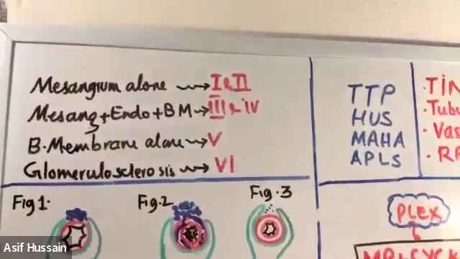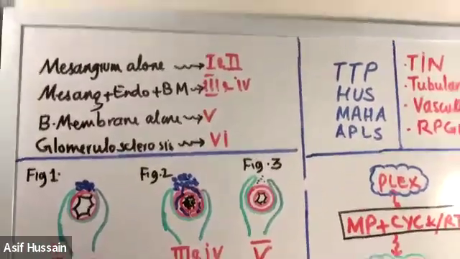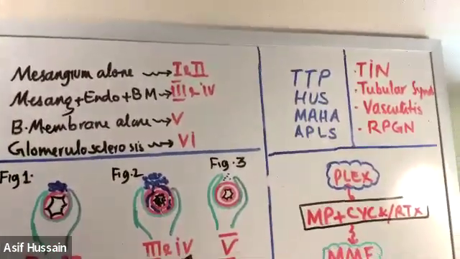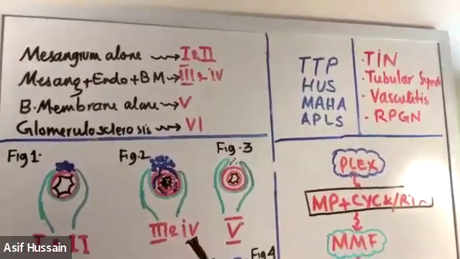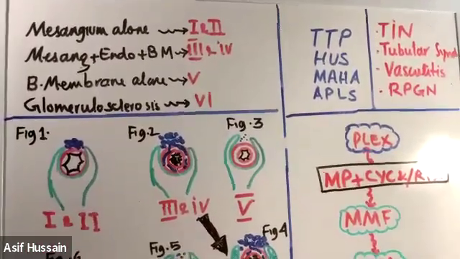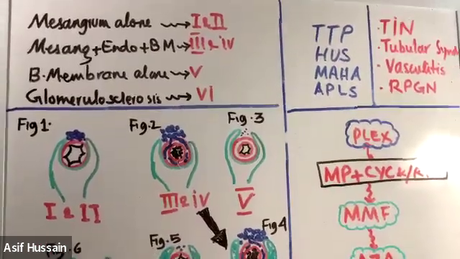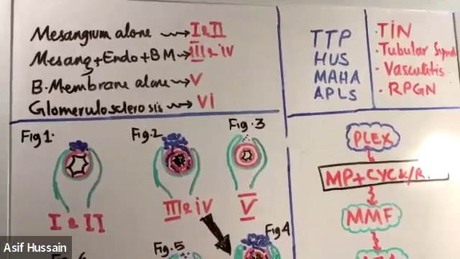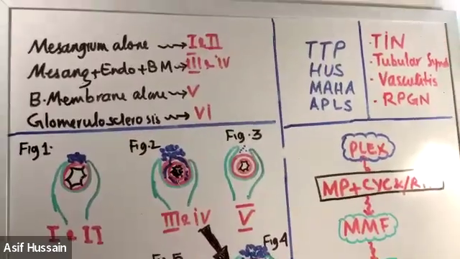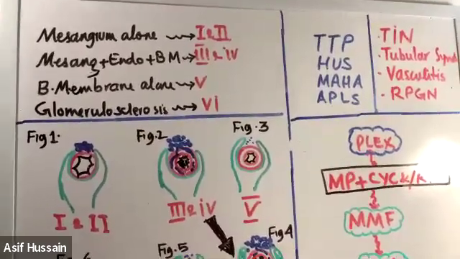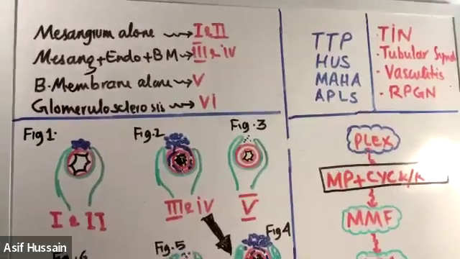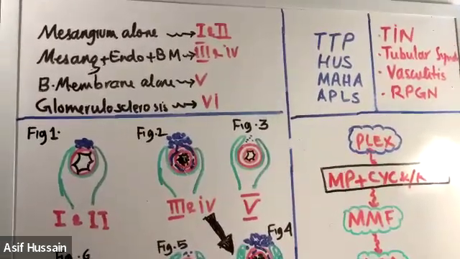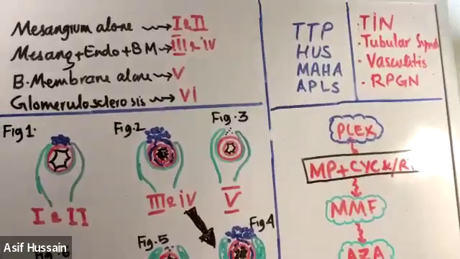To summarize, what we commonly read is the stages of glomerulonephritis: stage 1, 2, 3, 4, 5, 6, which we already talked about. Then diseases which are not glomerulonephritis but can be confused with it, and can happen in a patient with lupus, like DIC, TTP, HUS, microangiopathic hemolytic anemia, and antiphospholipid syndrome related blood clots in the glomerular capillary.